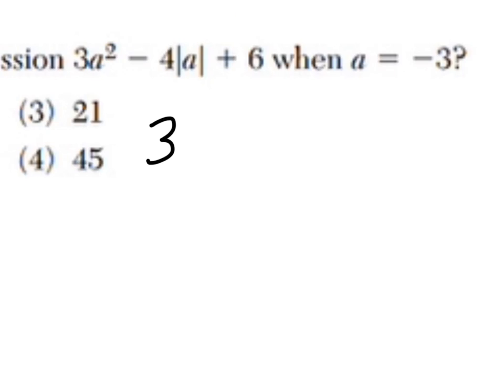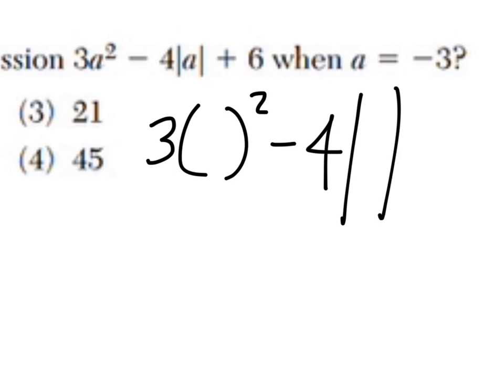So I'm going to do 3, open parentheses, 2, minus 4, absolute value, plus 6. And then I'm going to simply put in negative 3, negative 3. We're going to do order of operations, going from left to right. And I know the first thing that we're going to be doing is the exponents.